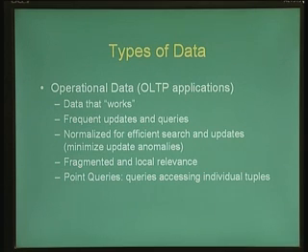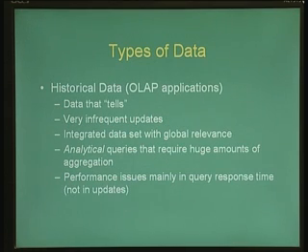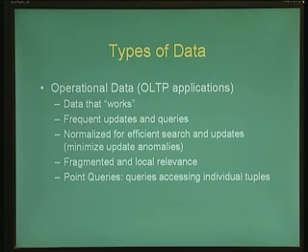When we are talking about data, we can essentially divide data into two kinds. I have called them operational data, and the next slide shows historical data. Operational data can also be considered as data that works, within quotes.